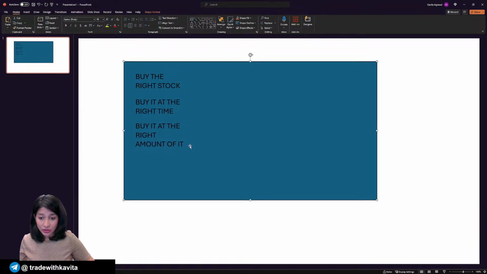That means allocation. And then you need to sell the stock, sell it at the right time. And you need to sell it at the right price, right? Because when a stock bottoms or tops, it changes quite fast.